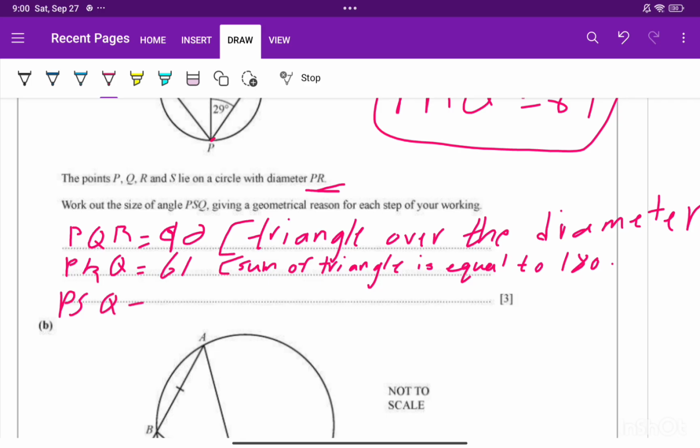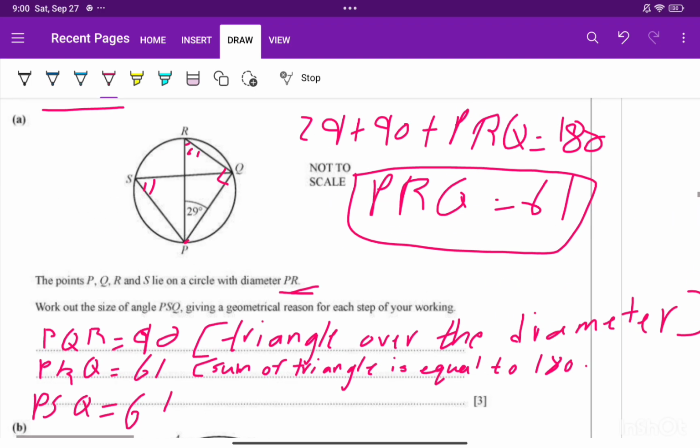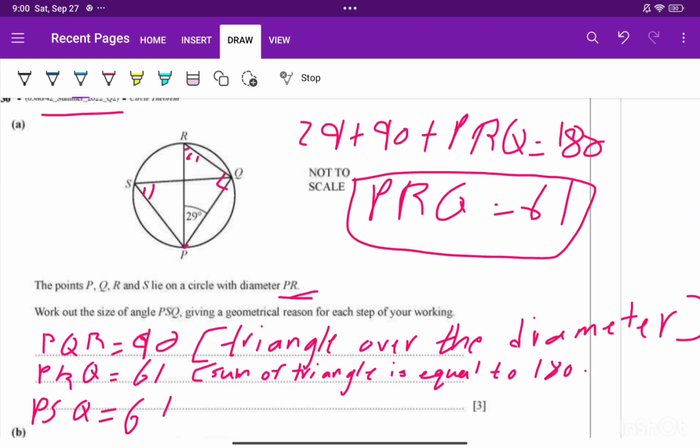Wait a second, let me explain to you guys. So P and Q, this is the segment. So triangle PRQ and triangle SQP, in both of these triangles PQ is common.